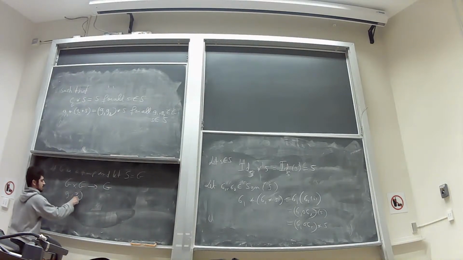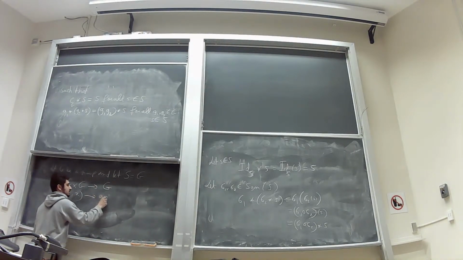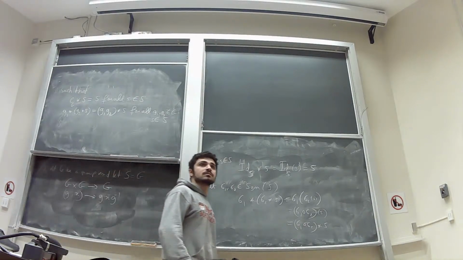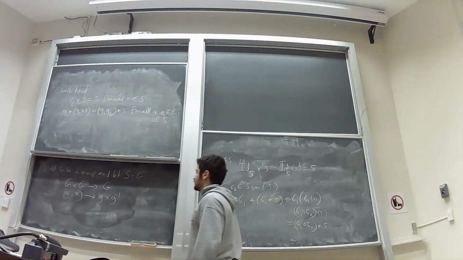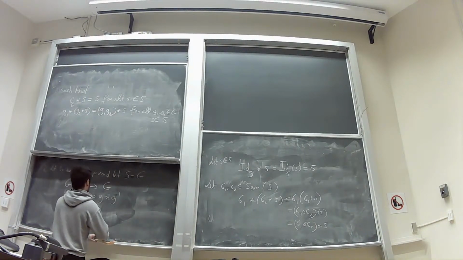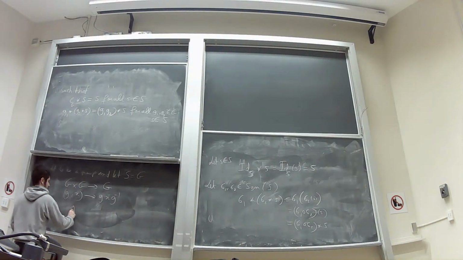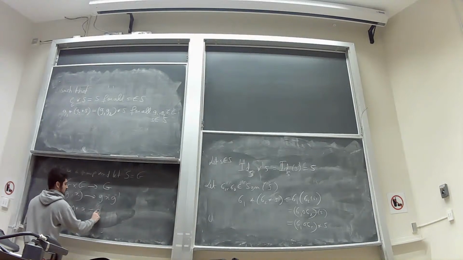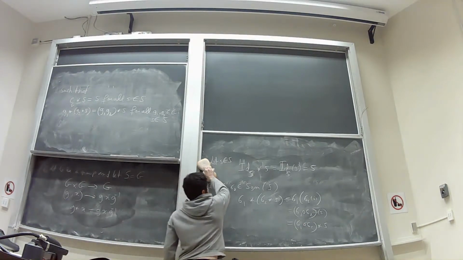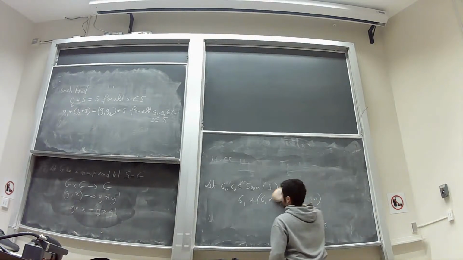I take g and x, and I get back g x g inverse. So g star x is g x g inverse. Let us show that it satisfies the axioms or the definitions of a group action.